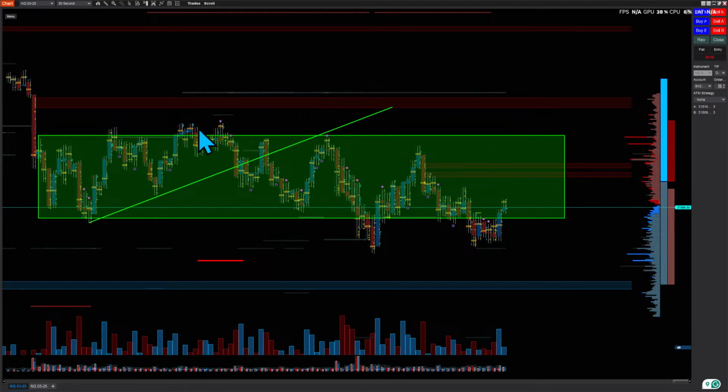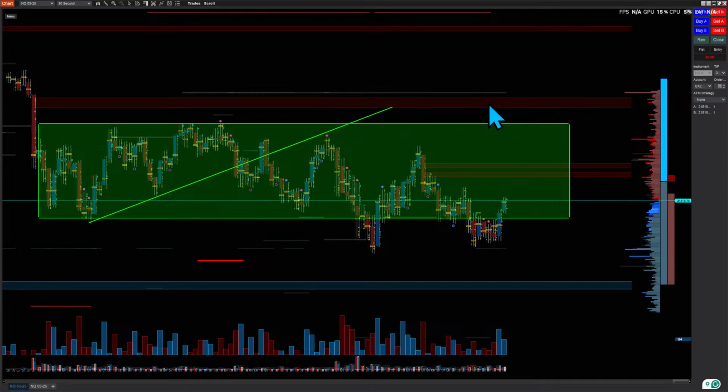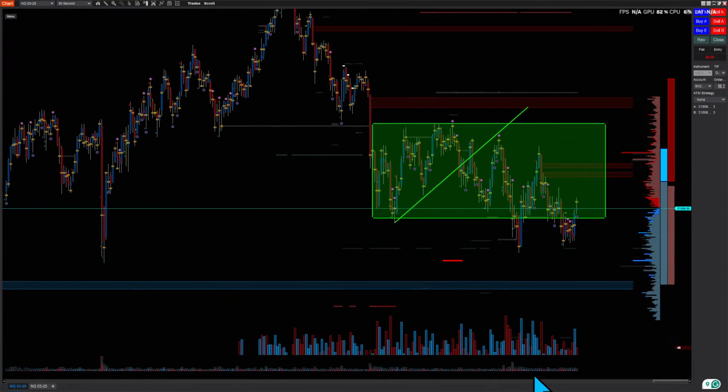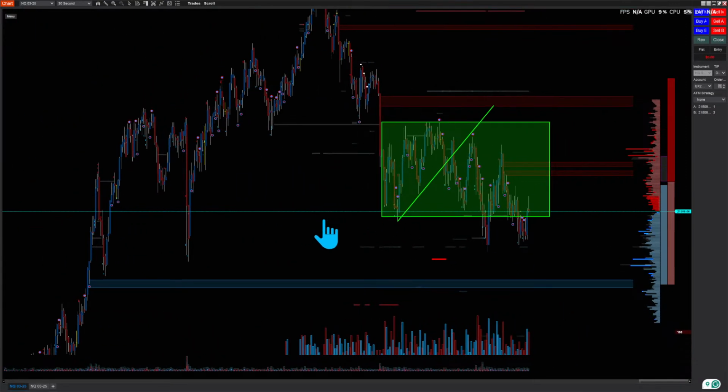If they go above this range and touch into this imbalance zone, then that'd be a fantastic entry for me to shoot lower, to shoot into the shorts, to add into the shorts.